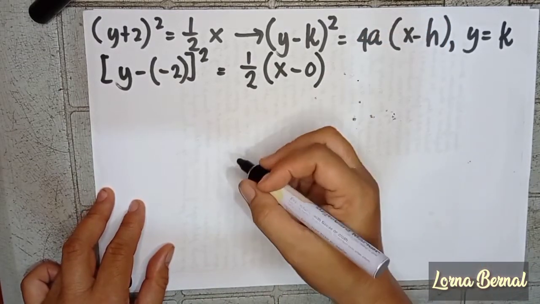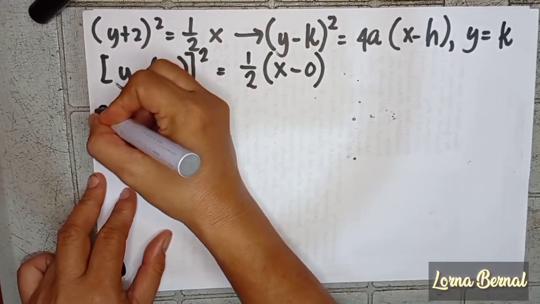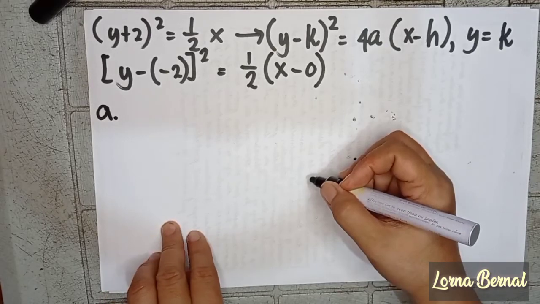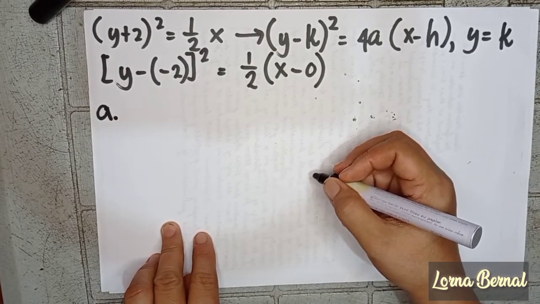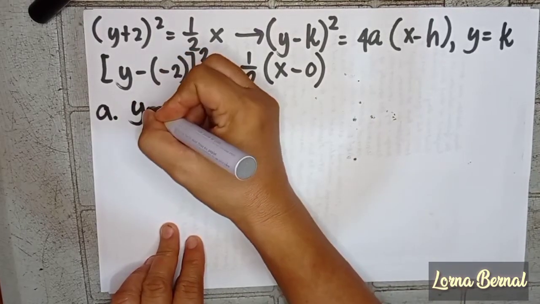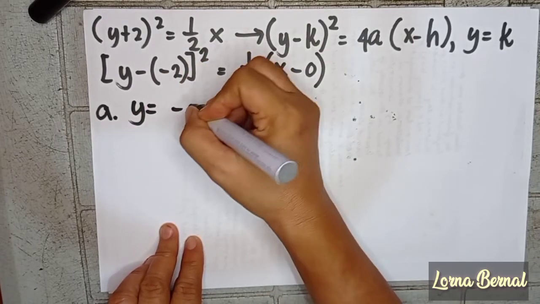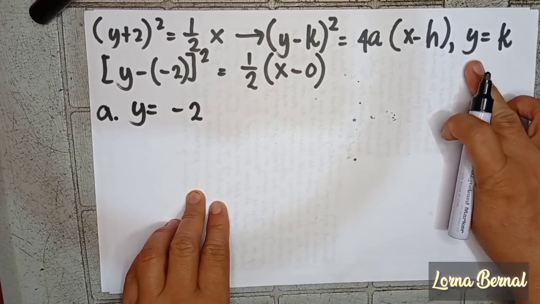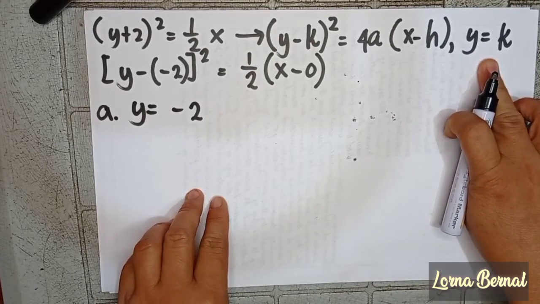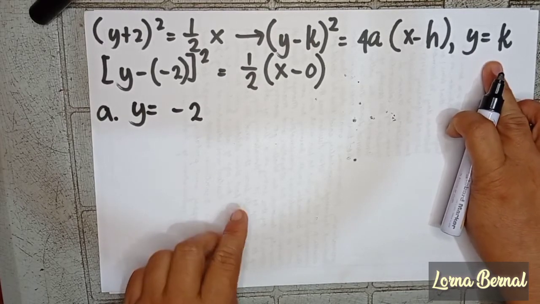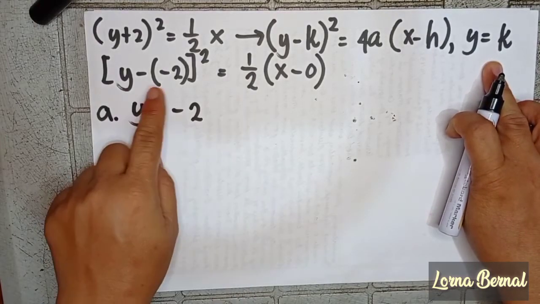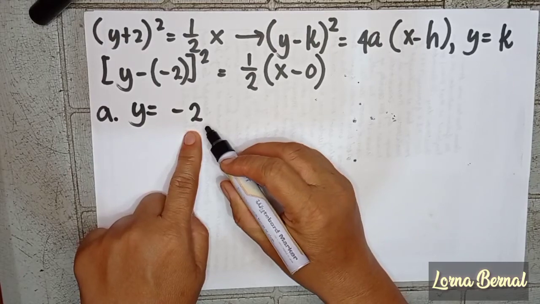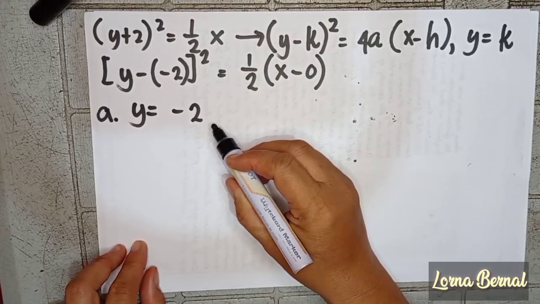So here, letter A, our principal axis would be y equals negative 2. So here we have y minus k, so this is our principal axis, where k is equal to negative 2. Therefore, the principal axis is y equals negative 2.